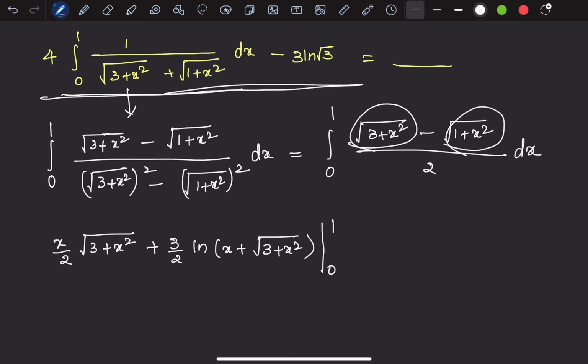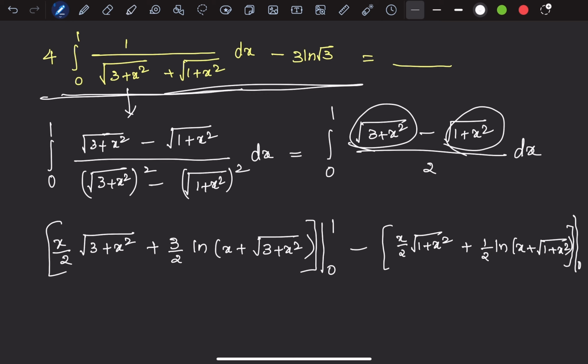So the limits are from 0 to 1 minus, similarly for the second integral you will have x by 2 into root of 1 plus x square plus 1 by 2 multiplied by ln x plus root 1 plus x square. Similarly the limits are from 0 to 1 for this.